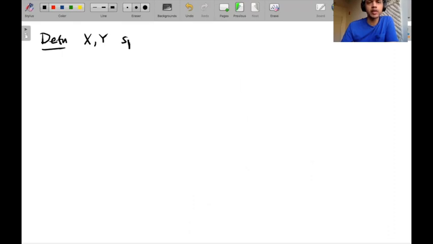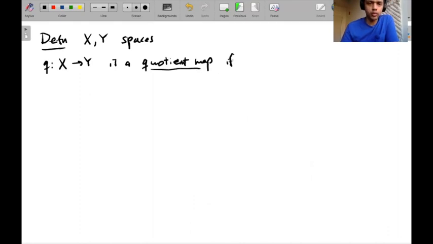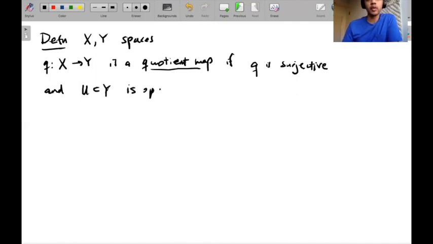So X and Y spaces, we say Q from X to Y is a quotient map if Q is surjective and continuous, and U, a subset of Y, is open whenever its preimage is open in X.